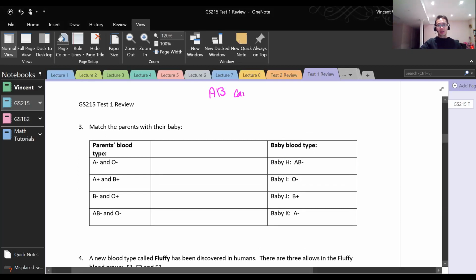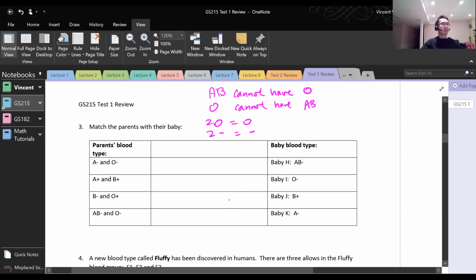AB cannot have O, O cannot have AB, and I already explained why before. And 2 O is going to be O all the time, and 2 negative will always be negative. That's all you have to know to do these questions.